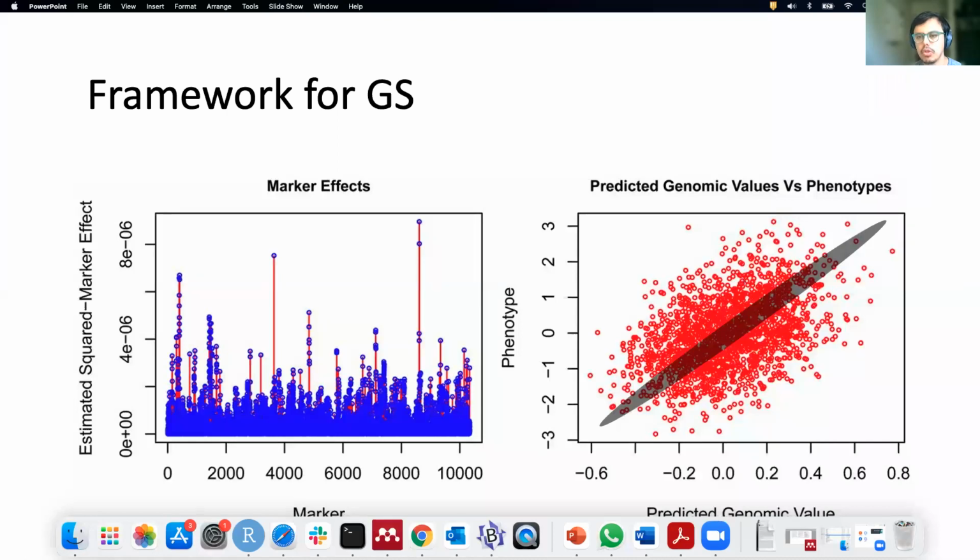Not all the predictions are like this, there are worse predictions. So this is, I would say, a good prediction between the phenotype and the genomic value.